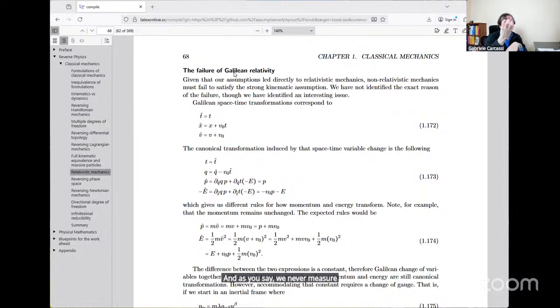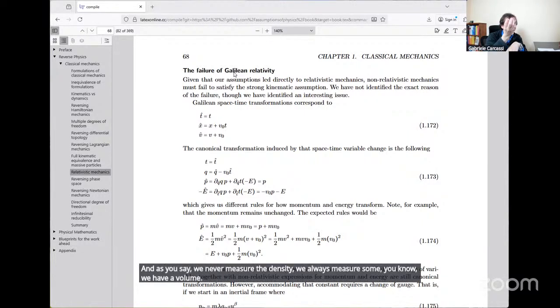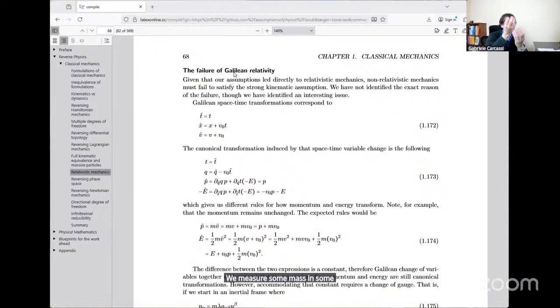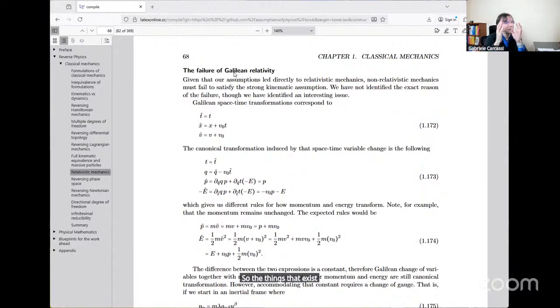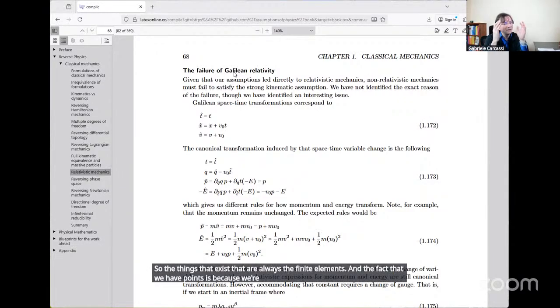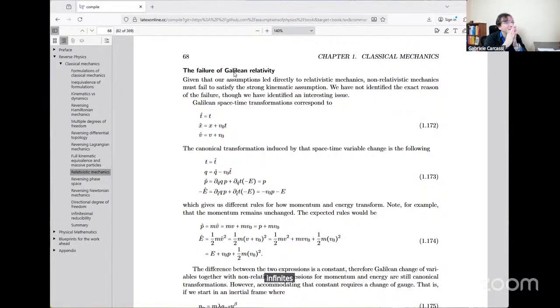We have a volume, we measure some mass in that volume, and we take the ratio. So the things that exist are always the finite elements. The fact that we have points is because we're assuming these regions can be infinitesimally reduced into smaller and smaller pieces.